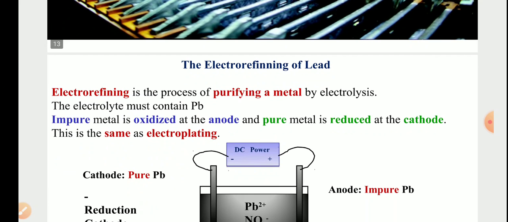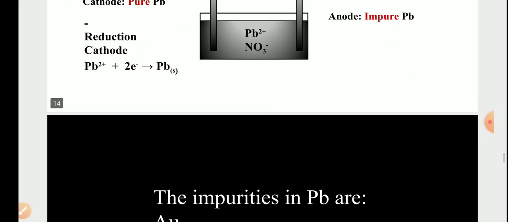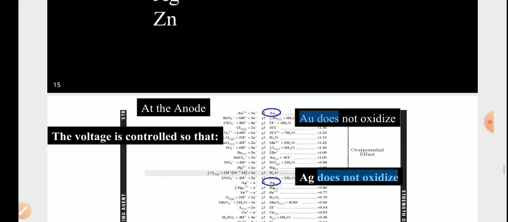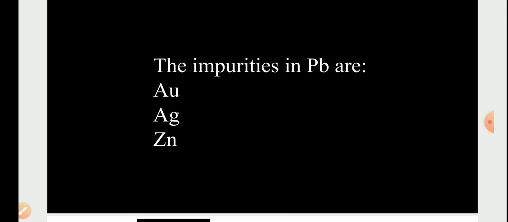I have already told you that electrorefining is the process of purifying a metal by electrolysis. By means of electrolysis, one can get 100% pure metal. This is mainly used in the production of lead and copper.